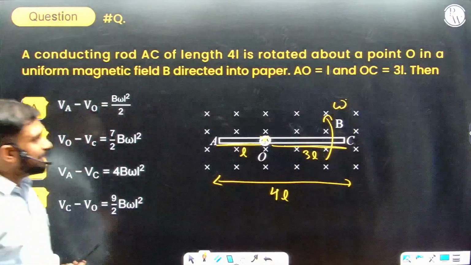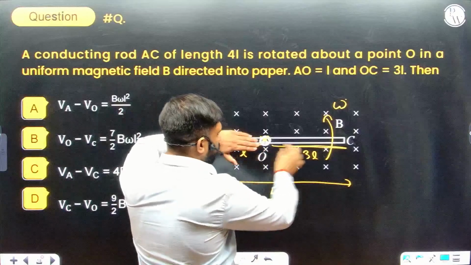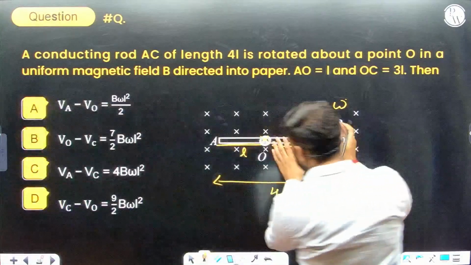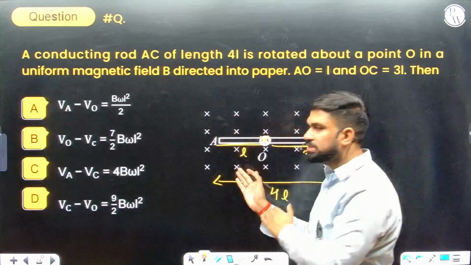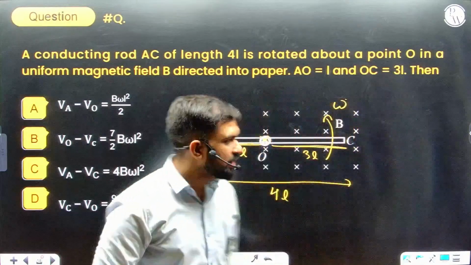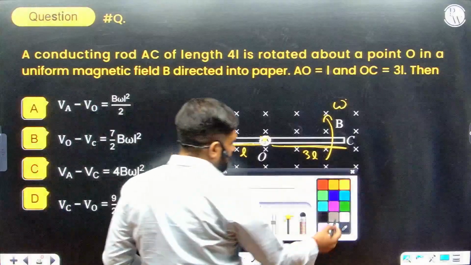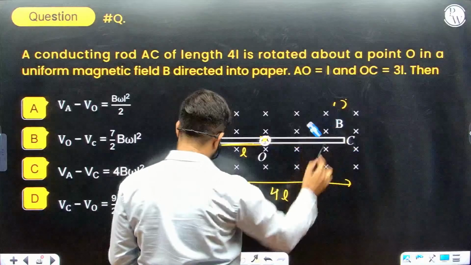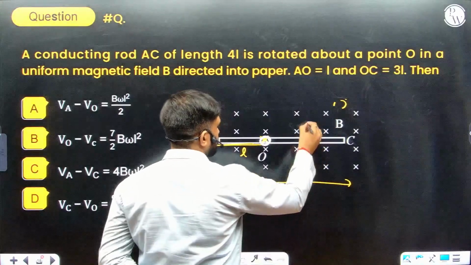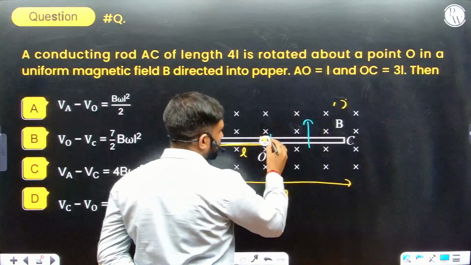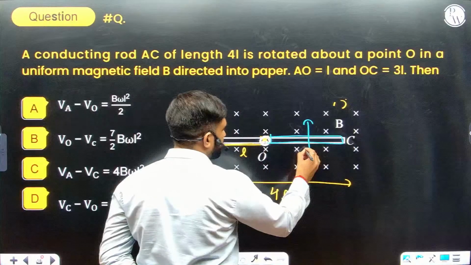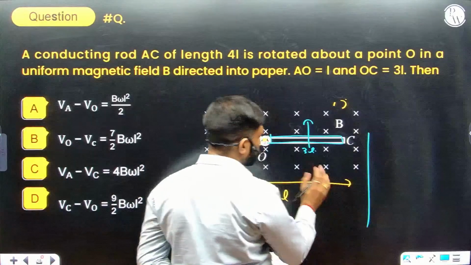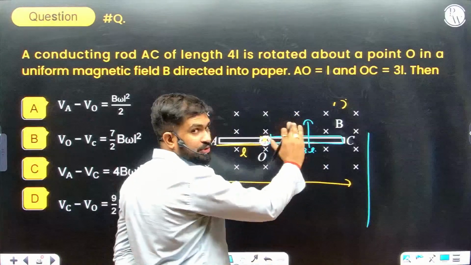Now I know that just for this section OC, it's exactly the same as the previous, and if I remove this section, then this section OA is exactly the same as the previous one. So for this section OC, the EMF induced will be proportional to its length. The velocity is upwards, correct or not?